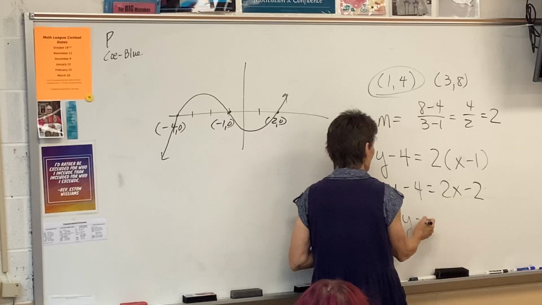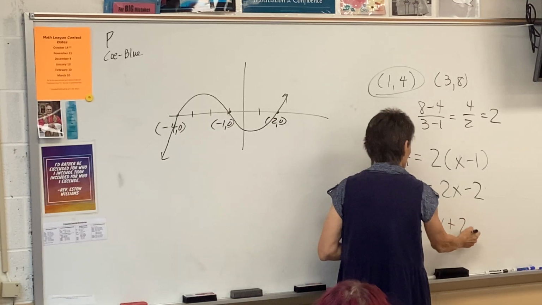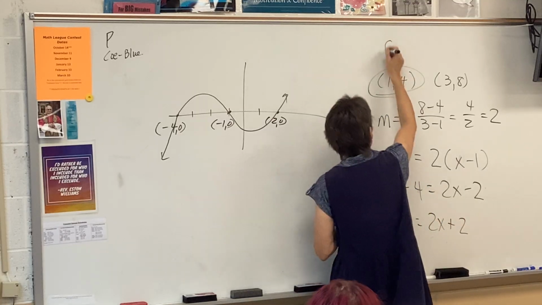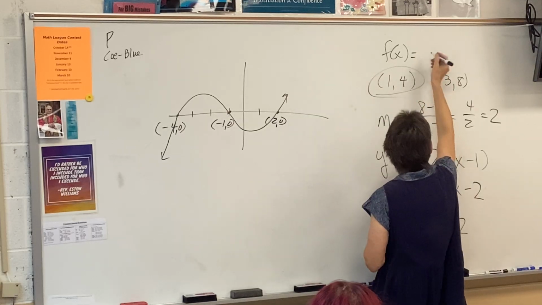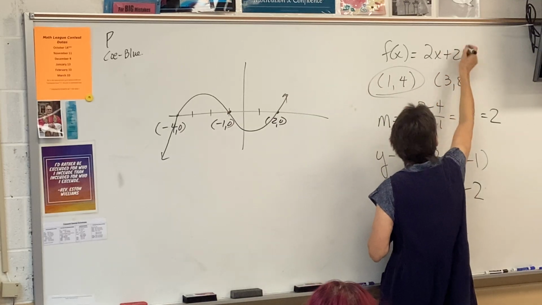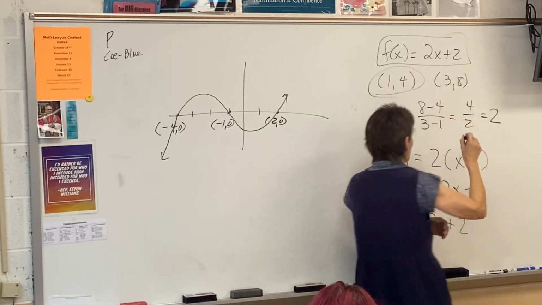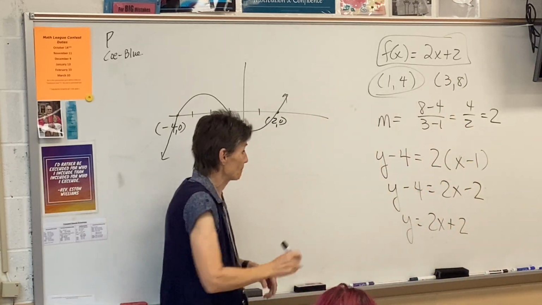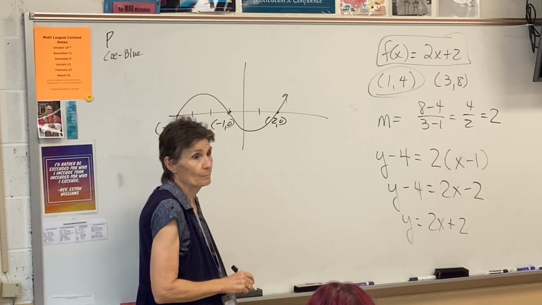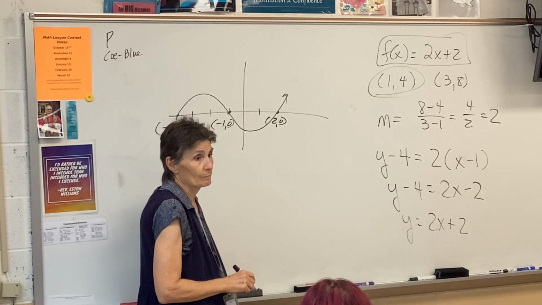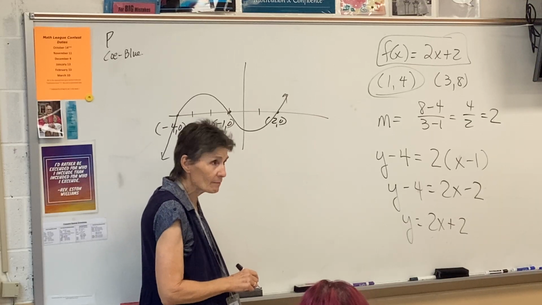Add my 4 over. And it looks like my function is f of x equals 2x plus 2. How did that look? Did I make a mistake, or is that what you got? Okay? Anybody have a question about that?